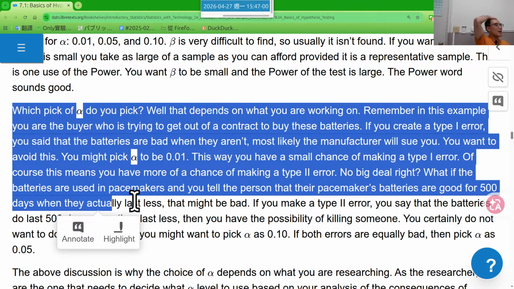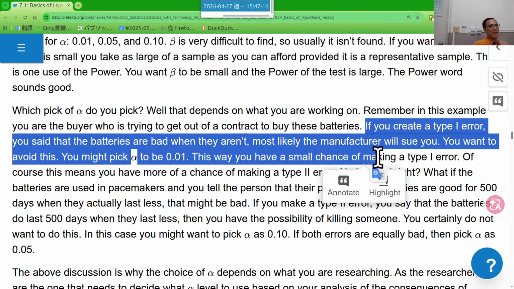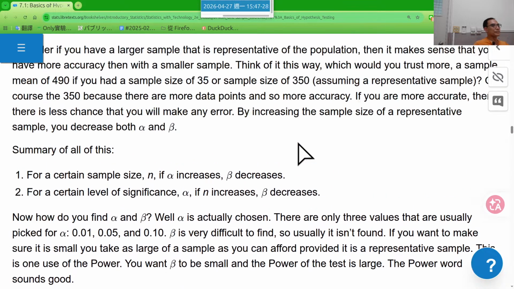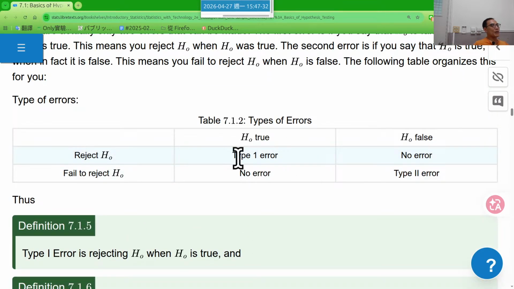When picking alpha, what do you pick? Well, that depends on what you are working on. Remember, in this example, you are the buyer trying to get out of the contract for those batteries. If you make a type 1 error, you said that the batteries are bad, but they are not. They are good. Let's review: type 1 error, what does it mean?